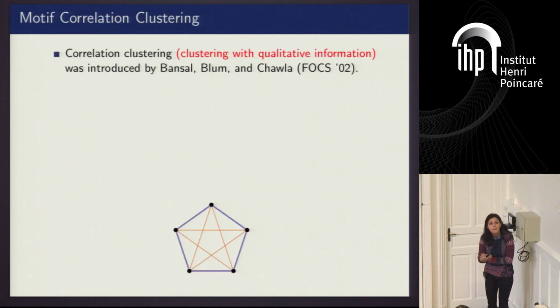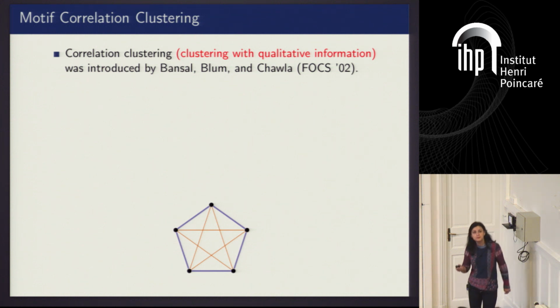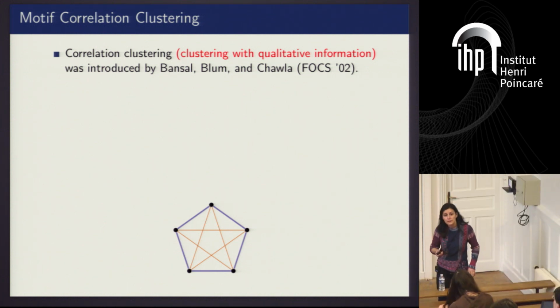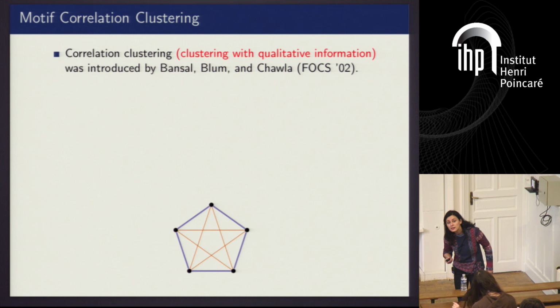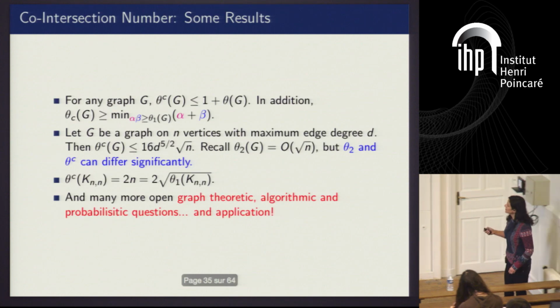Yes? So the bound that you obtained before, were they constructive bounds? Which bounds? The bounds that you obtained before on the intersection, the previous slide? Oh, the co-intersection. Yes.